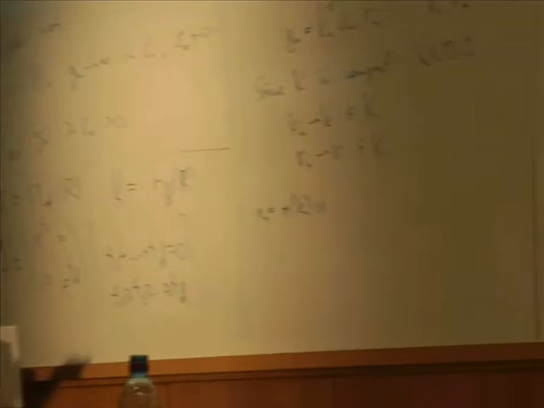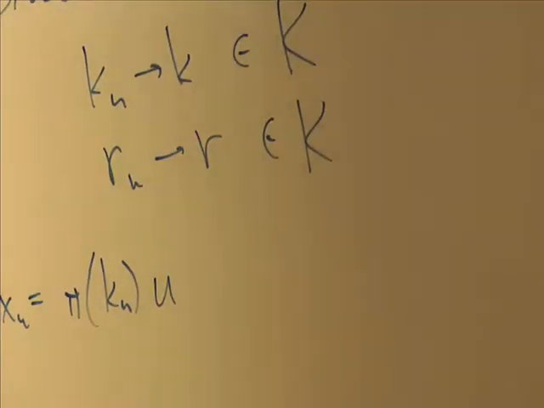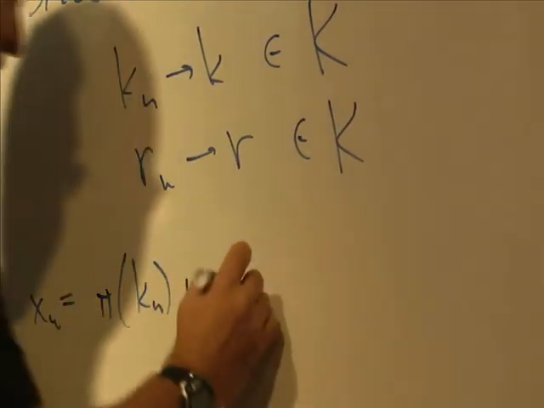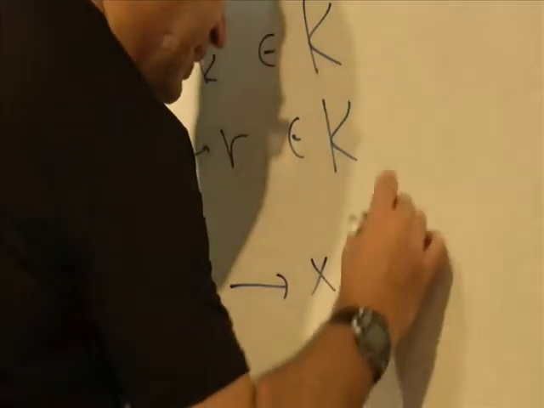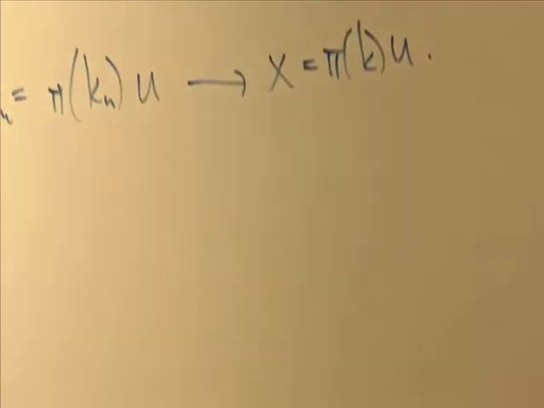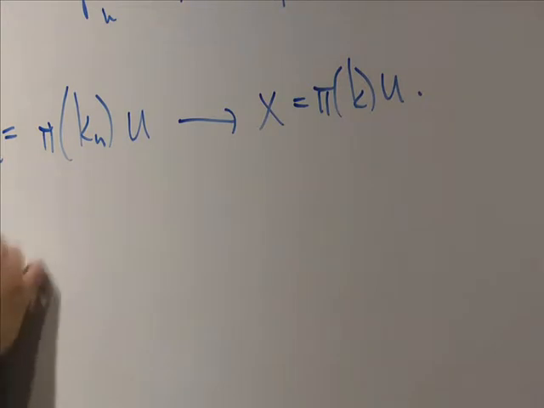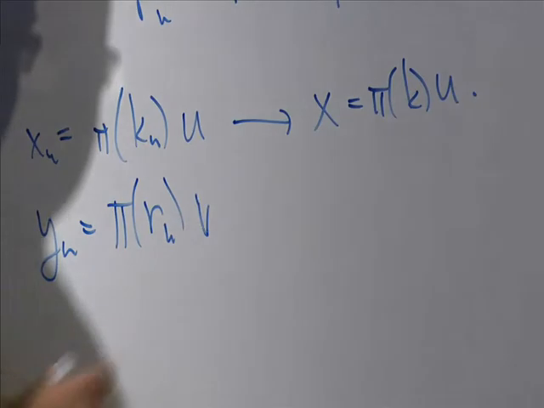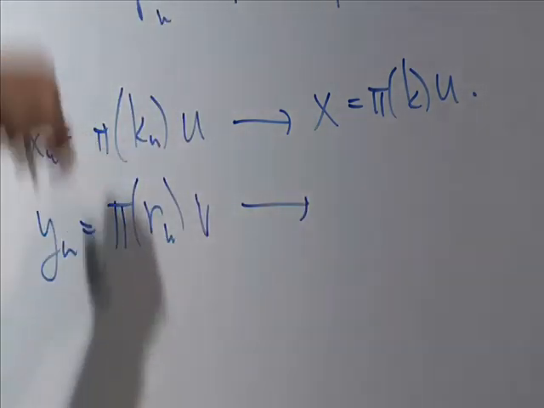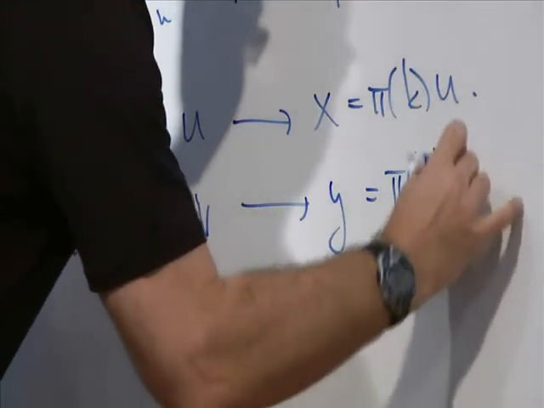So if u were a unit vector, now we just rotated it to another unit vector. But because k_n converges to k, this will converge to the vector x, which is pi(k) of u. Okay, convergence in the norm. Similarly, if I denote by y_n this thing, pi(r_n) applied to v, I will have a convergence to pi(r) of v.